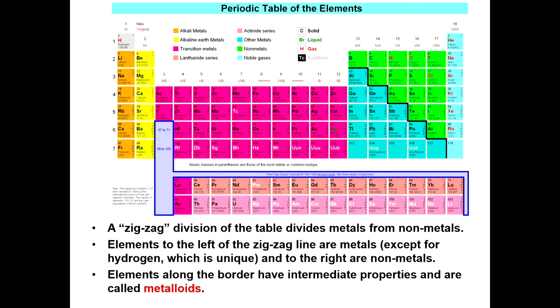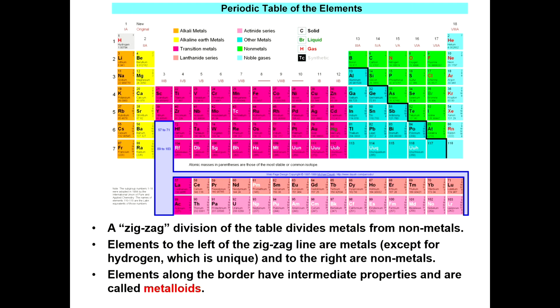But elements along the border, close to this line, may have intermediate properties, and those elements are called metalloids. So this side is metals, and this side is non-metals.